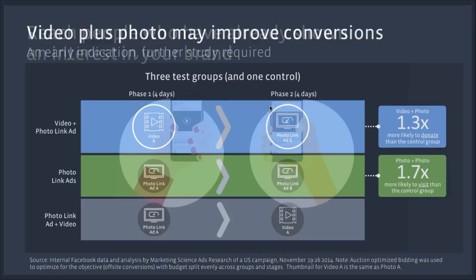While this is true, you also have to realize that a lot of the actions that people may take after they watch a video may not be tracked. Right? For example, they may view it and then they may end up buying through a different channel. That is possible as well. So what you really want to do is to adjust your expectations and understand that video itself will not show the results, but when you sequence and pair it with other ad types to drive conversion, you're going to get pretty good results.